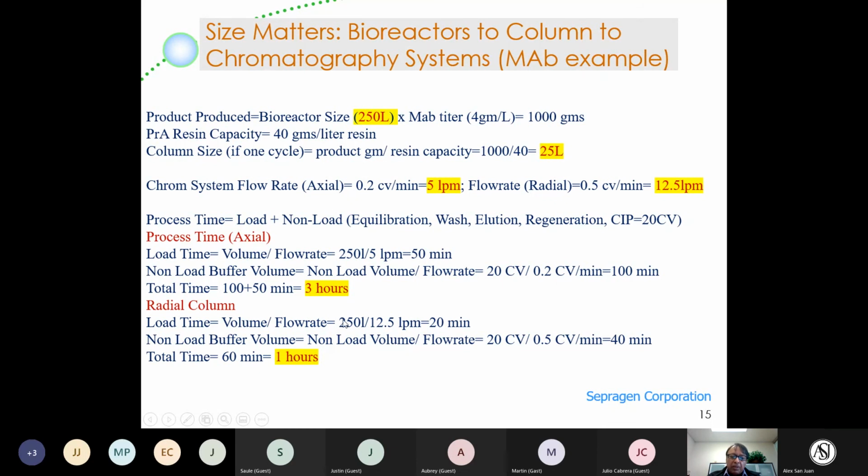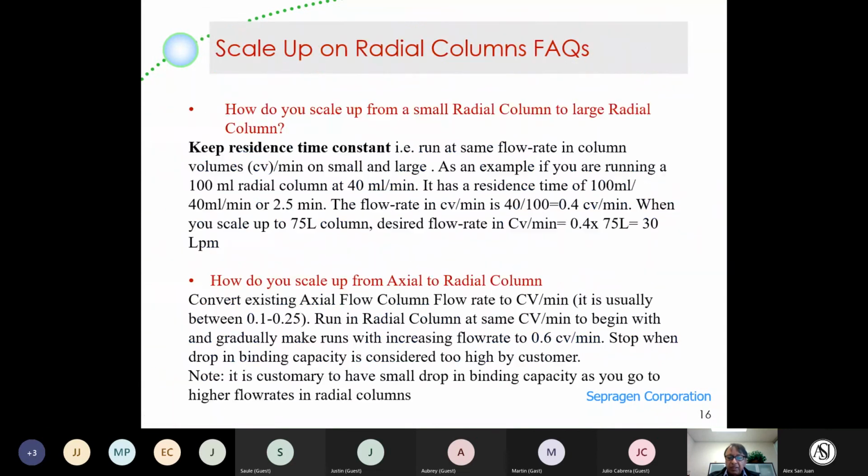So a normal process would be at best about 3 hours, probably like 4 hours. Whereas in the radial flow column, that same process can easily be done in 1 hour or under an hour.